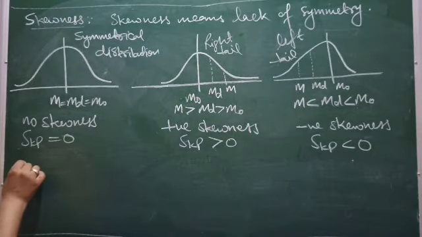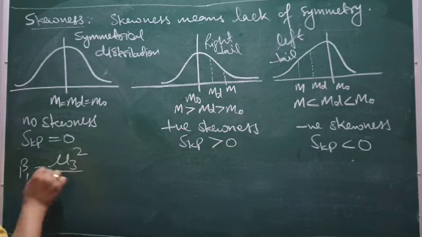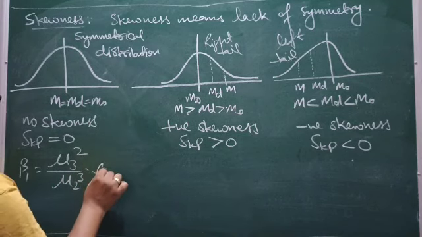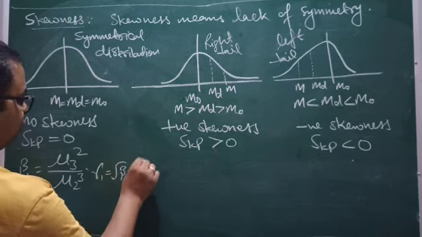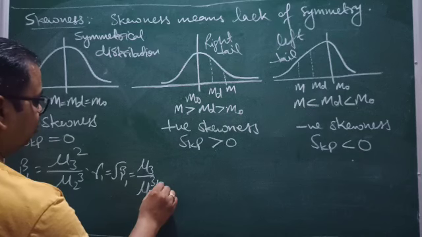So beta 1 is mu 3 square upon mu 2 to the power 3, and gamma 1 is equal to the square root of beta 1. So we can write mu 3 upon mu 2 to the power 3 by 2.